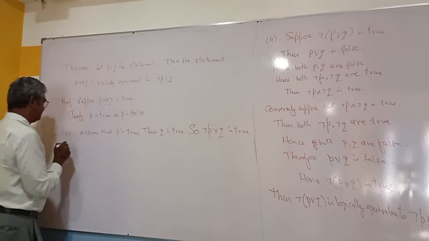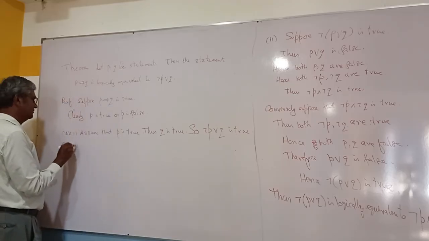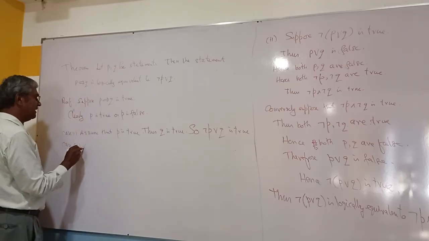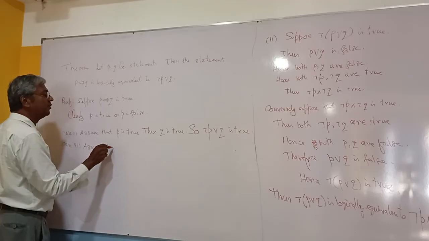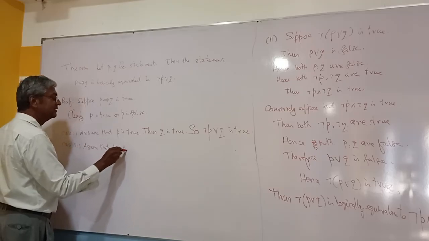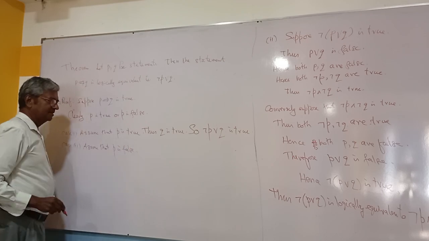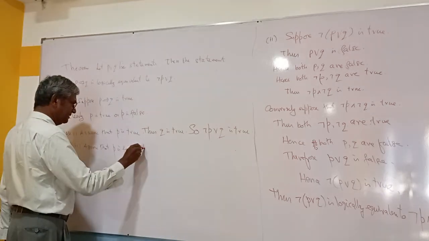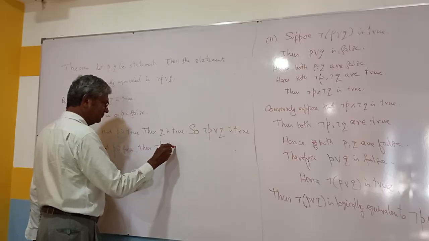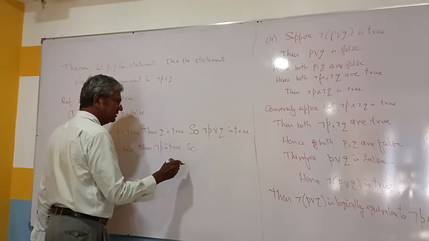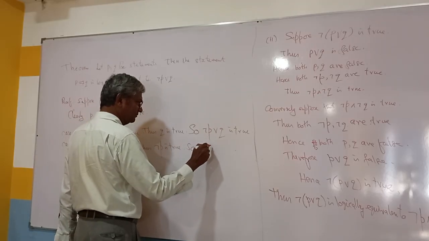Okay, case 2. Assume that P is false. Thus, not P is true. So not P or Q is true.